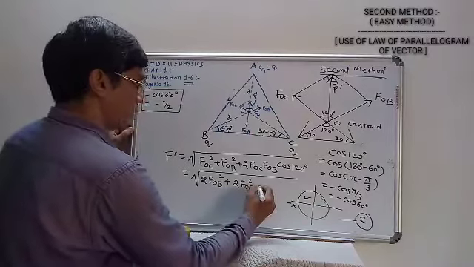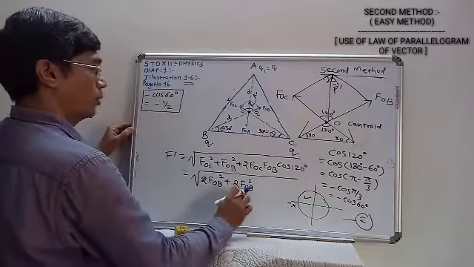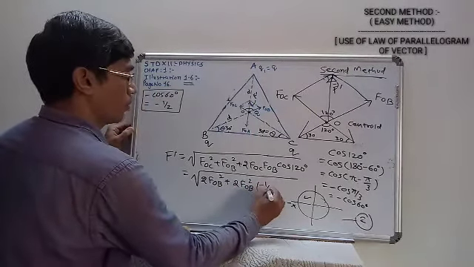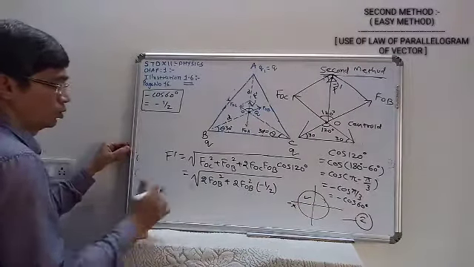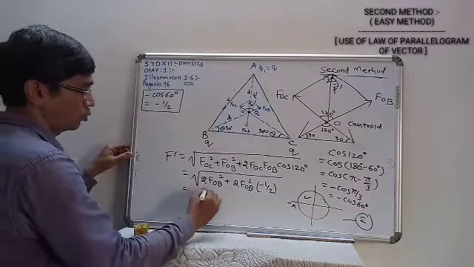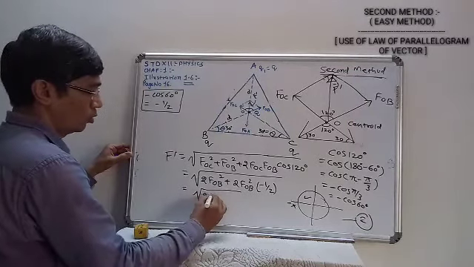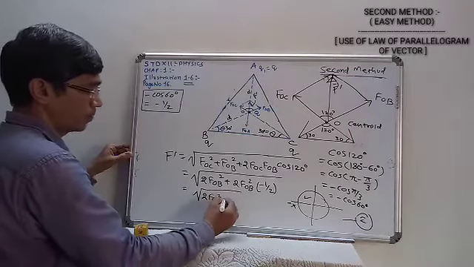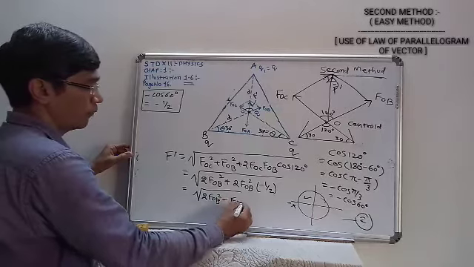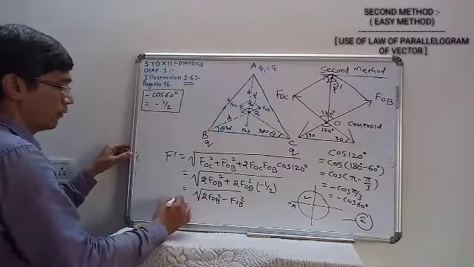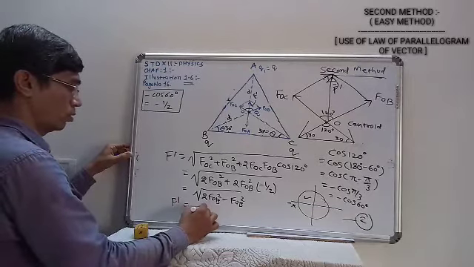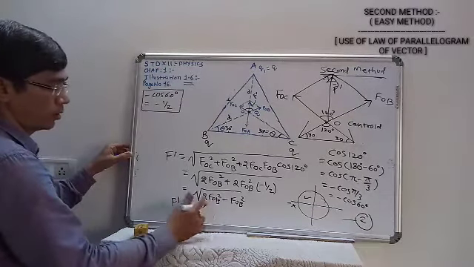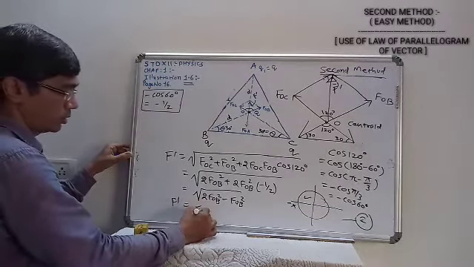So here we can write 2 FOB square into minus 1 by 2. So it is equal to under root 2 FOB square minus FOB square. So F dash is equal to under root FOB square, so it is FOB.